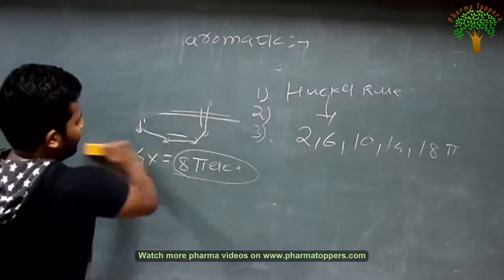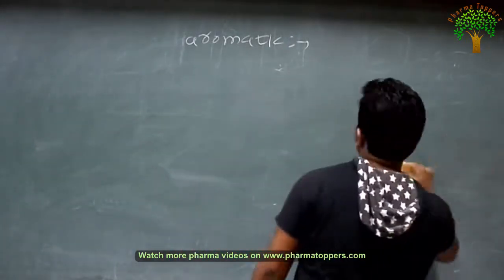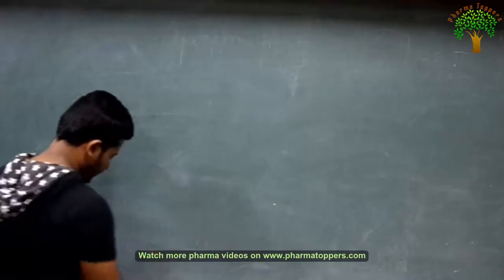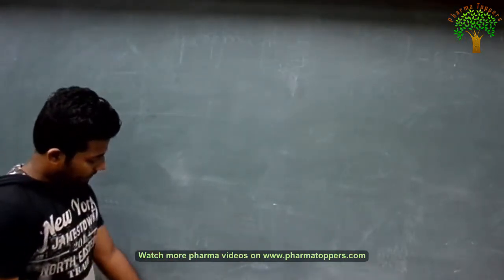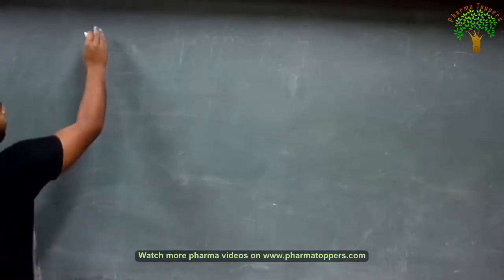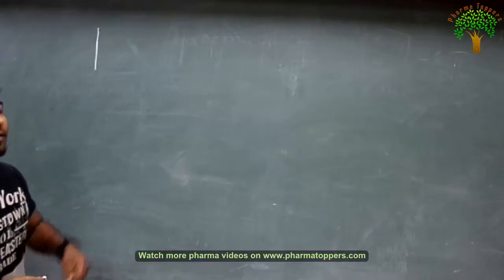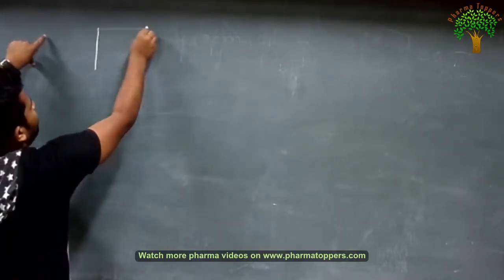And let us see the last example, which is very difficult, and this is surely asked in the GATE examination, because GATE is a very tough exam that asks very difficult questions for 2 marks. See the last example of aromaticity. Sometimes they will ask about a structure like this.